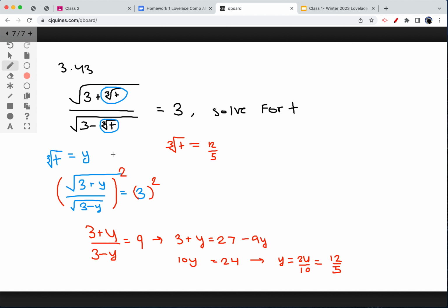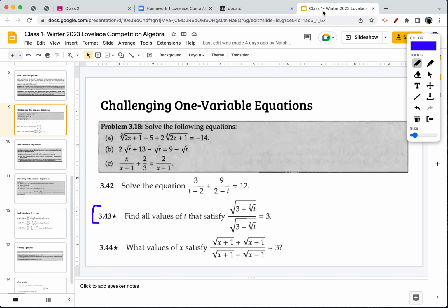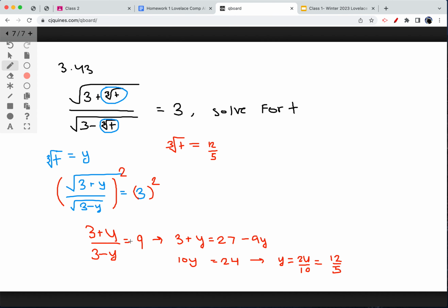Let me just make sure this is right. Okay, so it looks right to me. I might be wrong though.